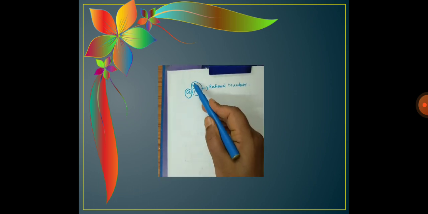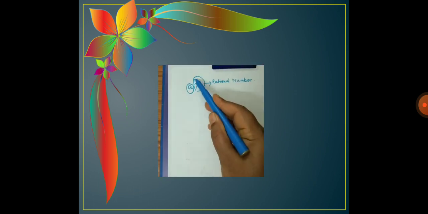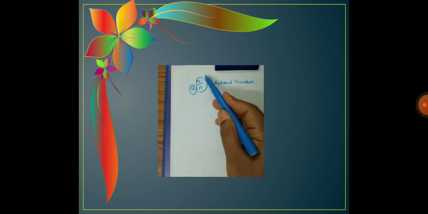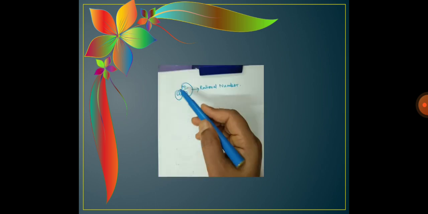Before we had 1 by n; in place of 1 now we have m. That means instead of 1 we can have other whole numbers and natural numbers.